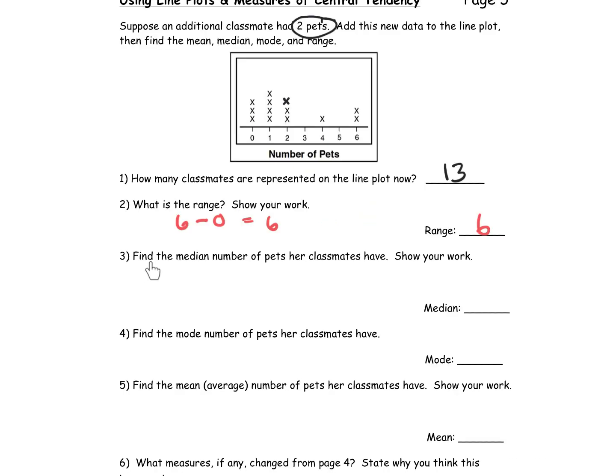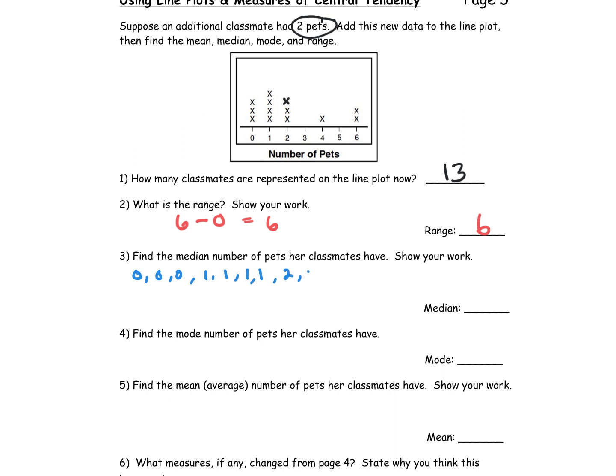Number 3 asks us to find the median number of pets her classmates have, and it asks us to show our work. So we're going to start reading the line plot. We have 3 zeros, meaning 3 students or classmates had 0 pets, and then we have 4 classmates that had 1 pet, so there should be 4 ones.